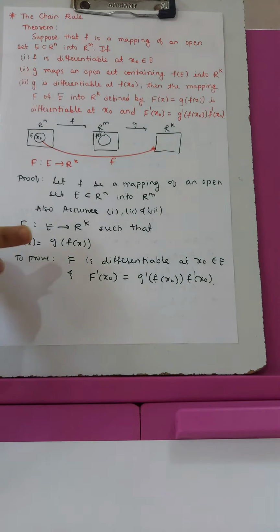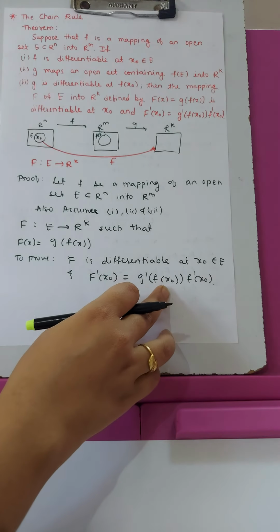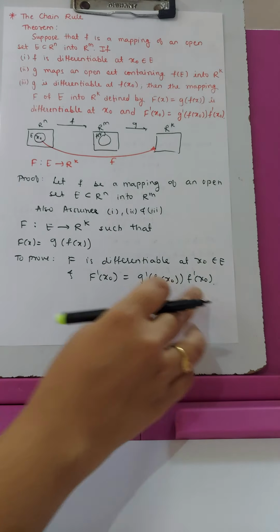We have to prove that this composition of mapping F is differentiable at x0, and also F dash of x0 is equals to g dash of f of x0 f dash of x0.